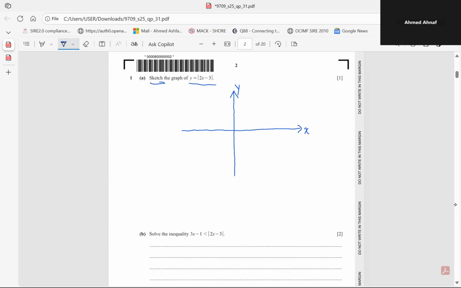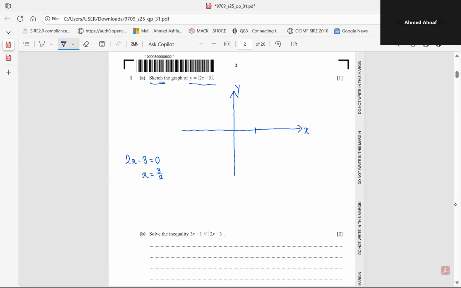Now let's find our x and y intercepts. To find the x-intercept, just substitute 2x minus 3 equals 0 and solve for x. In this case, x would be equal to 3 over 2, which is somewhere here.